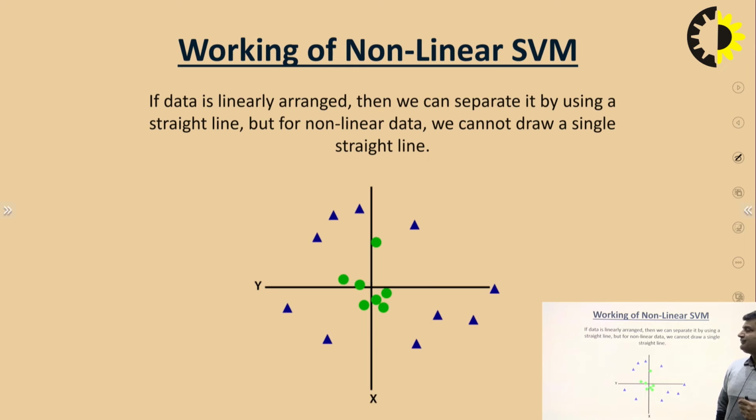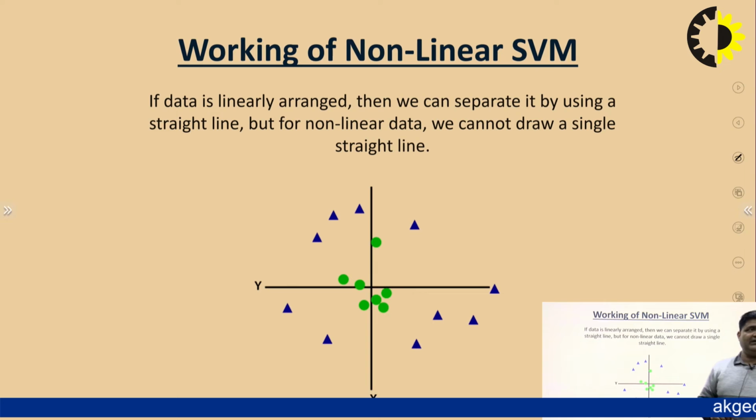As we said, in the linear model we have a 2D space and the data is easily separable, but in this diagram we have a problem. We cannot separate the data in the two-dimensional space. If data is linearly arranged, it can be separated by a simple straight line.